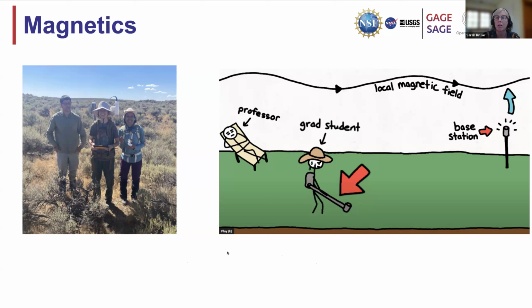You don't necessarily need a base station to collect data, but it can be useful if you're looking for small magnetized objects. Oh, I should have said, what do you detect with magnetics? You detect objects in the ground that are magnetized. So metal objects that have an induced magnetization, or igneous rocks that have a remnant magnetization.